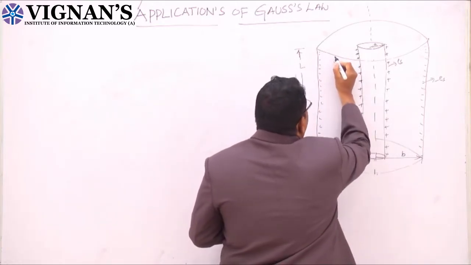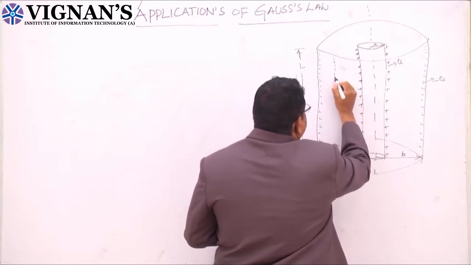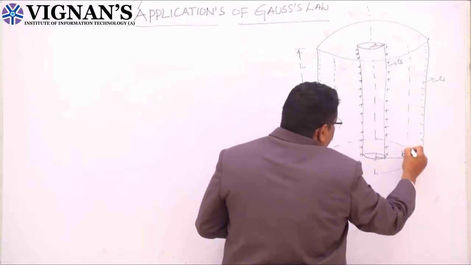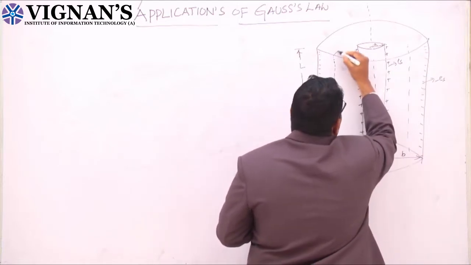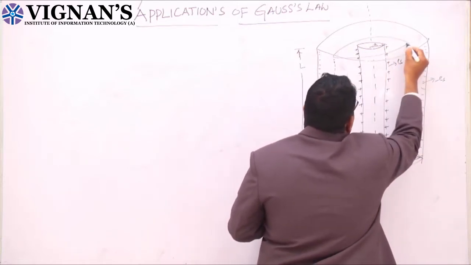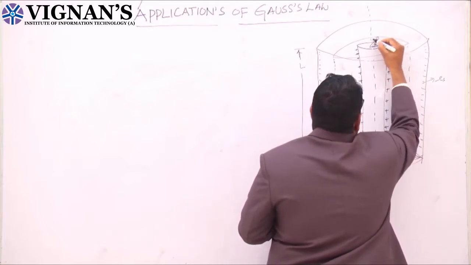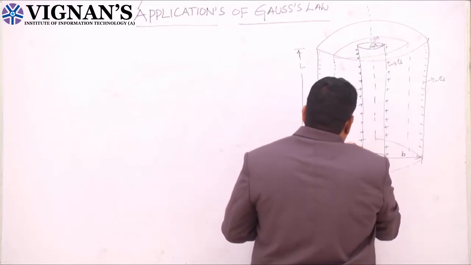Here you take a Gaussian surface, the dotted line, as a cylinder with the radius r, as shown in the figure.